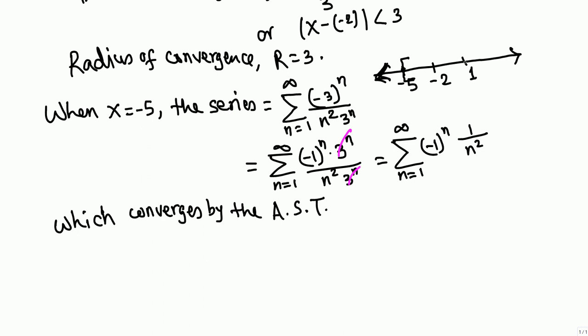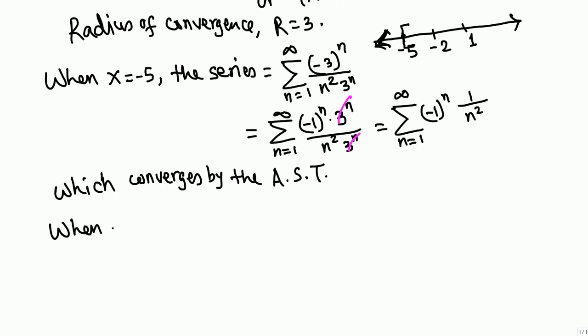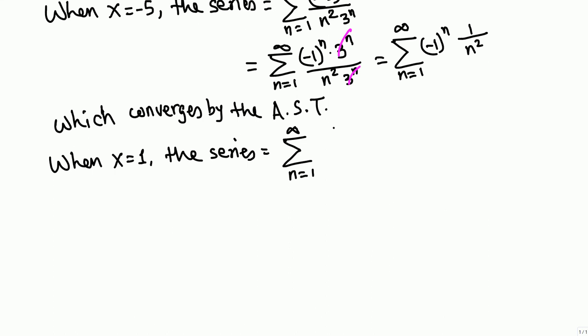Now we want to test the right endpoint, x equals 1. Let's do the same thing. When x equals 1, the given power series becomes: x plus 2 is 1 plus 2, so 3^n over n squared 3^n.